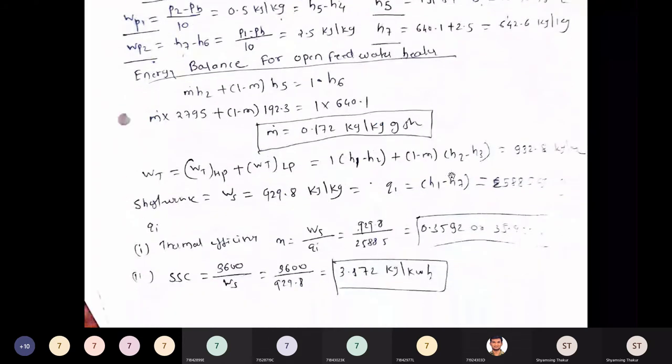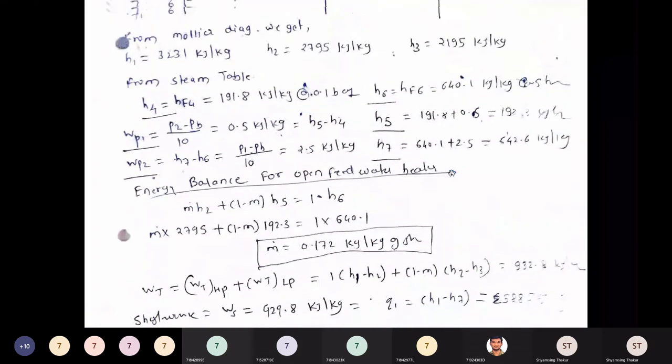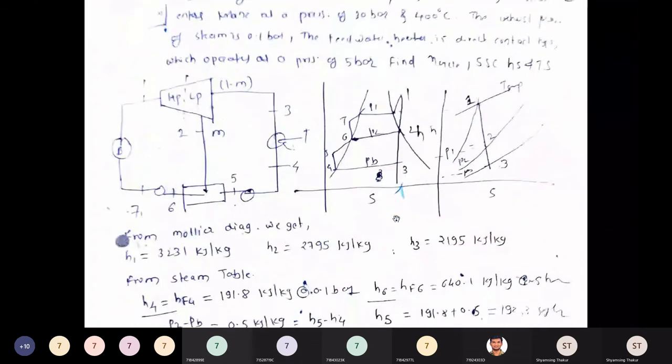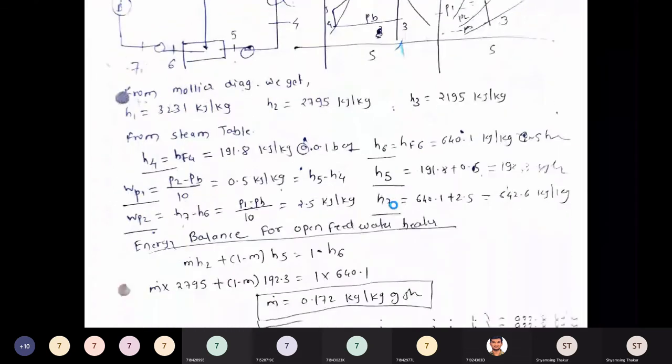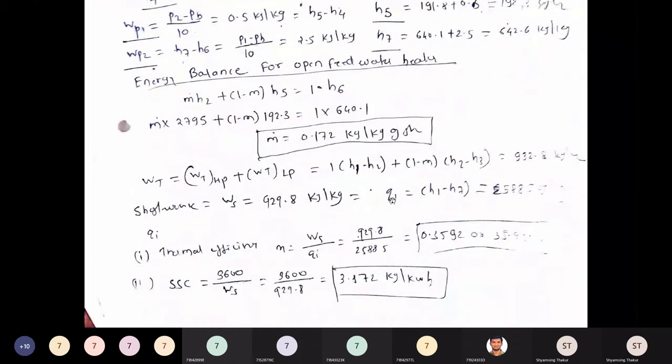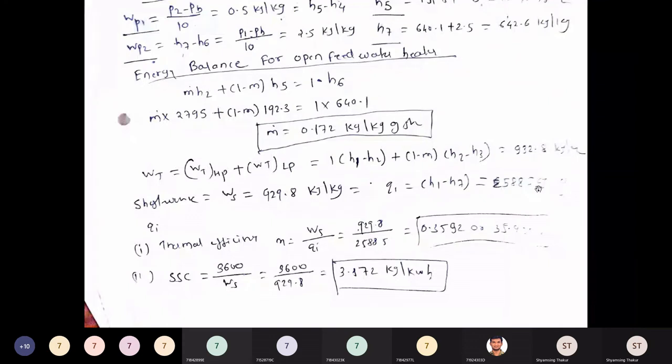Here you can see H1 minus H7. Taking it into account, we can calculate the thermal efficiency, which is nothing but the shaft work over the heat supply. So it will be like this.